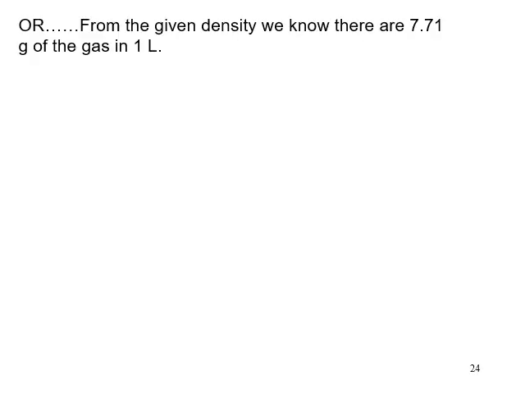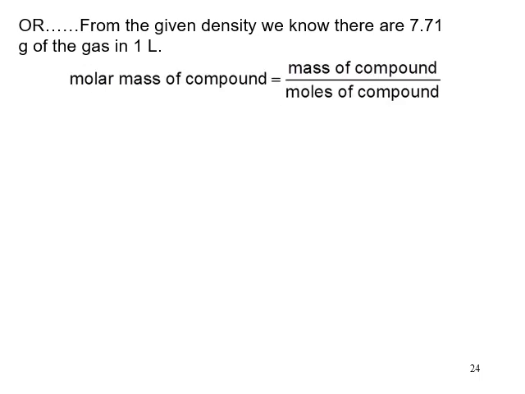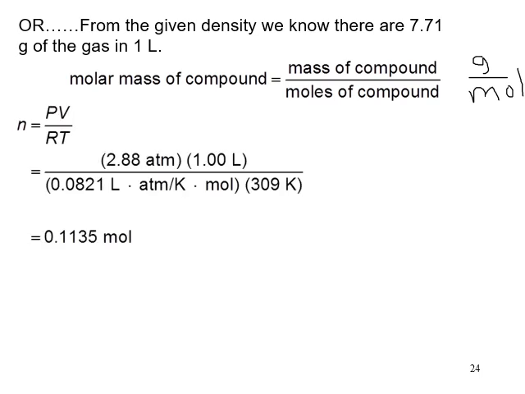From the density given, we know there are 7.71 grams of the gas in 1 liter. So this is something you could do here too: mass of the compound over moles of the compound. So grams per mole, that is molar mass. So what can we do with that?